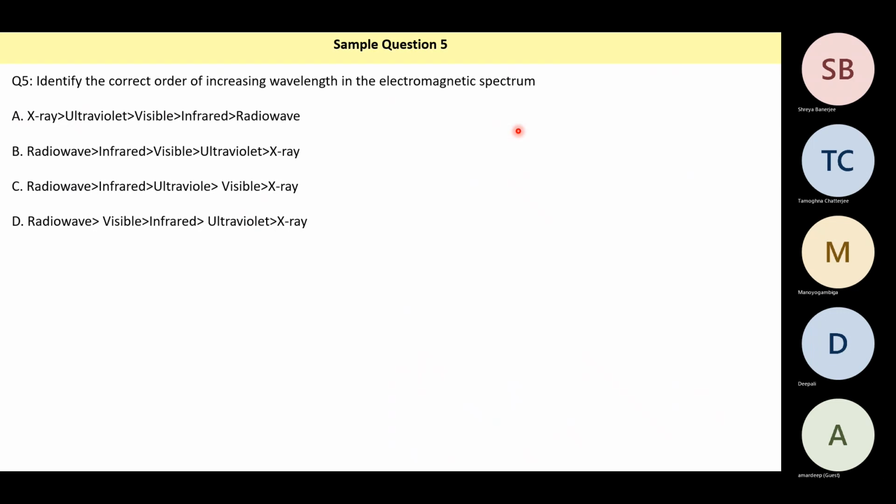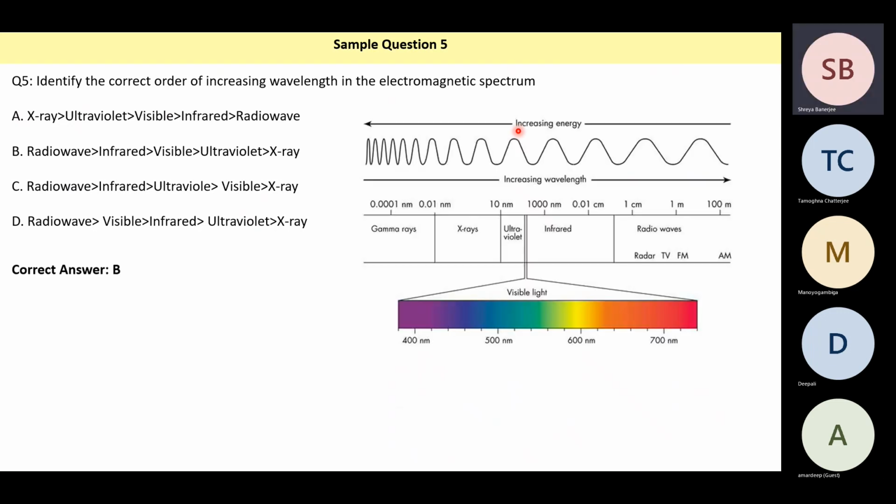So the correct answer is B. If you remember the electromagnetic spectrum, the highest wavelength is indeed that of radio waves, followed by infrared, visible, ultraviolet, then X-rays. So the correct answer is B.